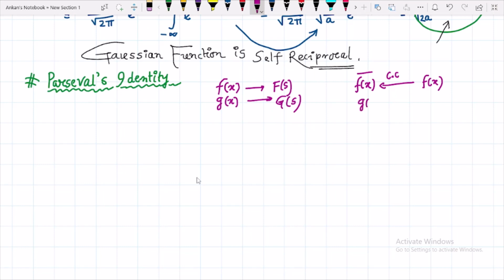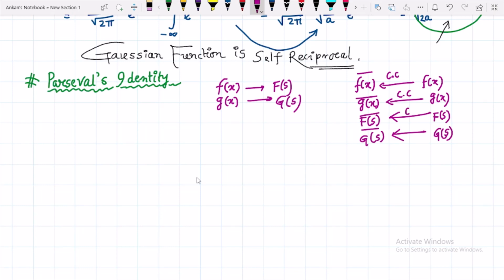Likewise, g bar of x is the complex conjugate of g(x), and similarly for these: they are nothing but the complex conjugates of F(s) and G(s) respectively. You have to consider these first.